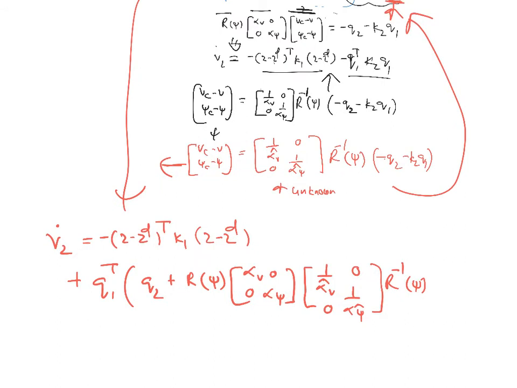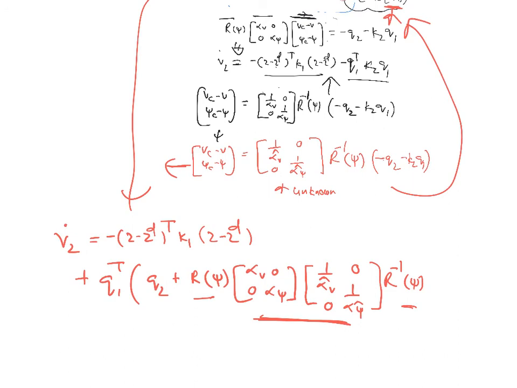See this, if they were known, then this would be the identity matrix. But that's not the case. Unfortunately, we'll have to deal with it.